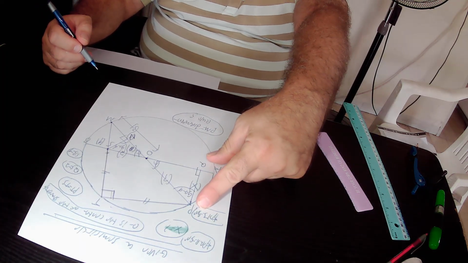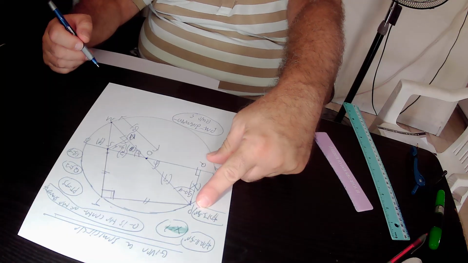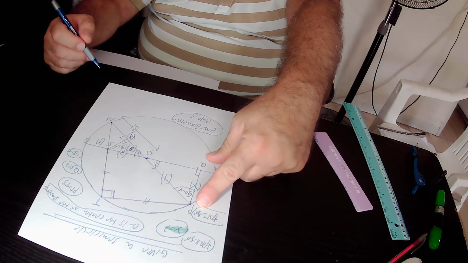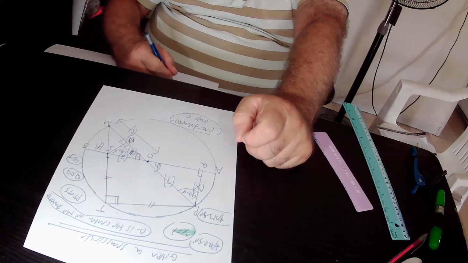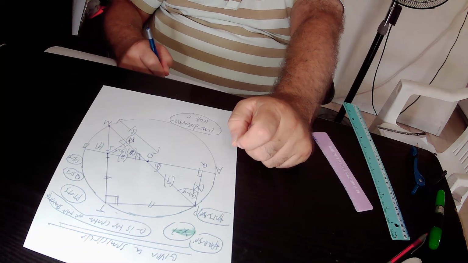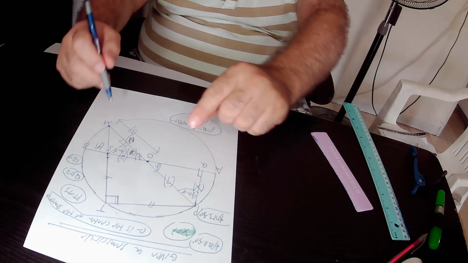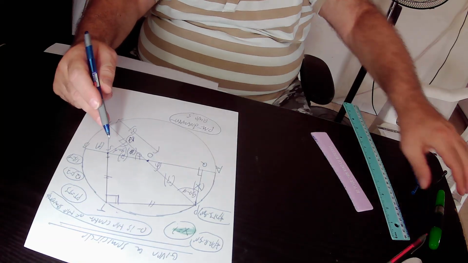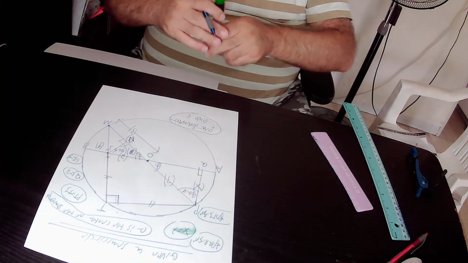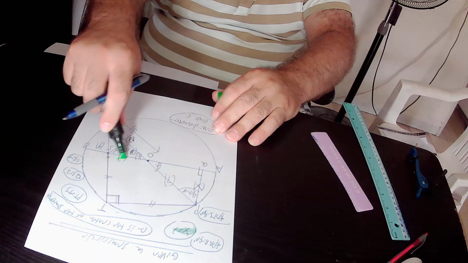PQ is the line segment that we are looking for in this question, and it is equal to x. We have to find the value of x, and it is equal to OS according to what is given in the question. OS equals 2 units in length.